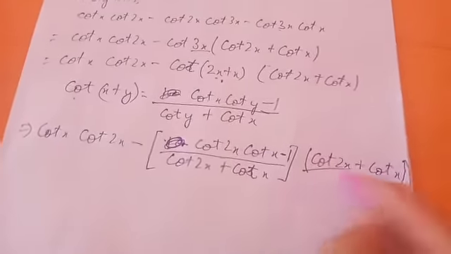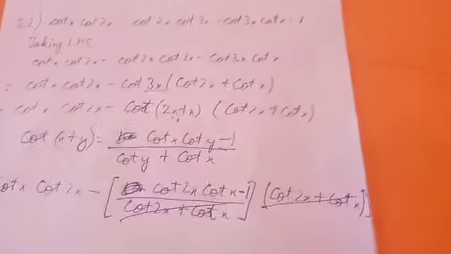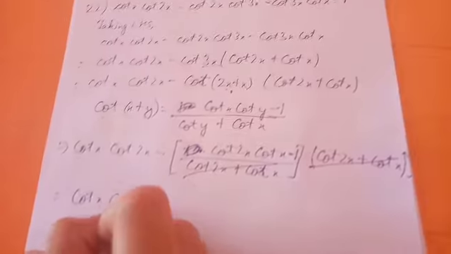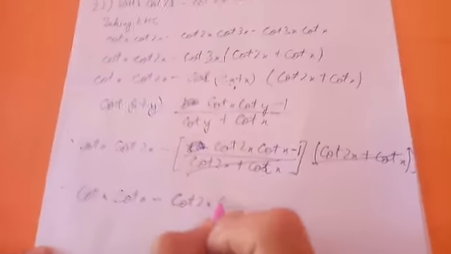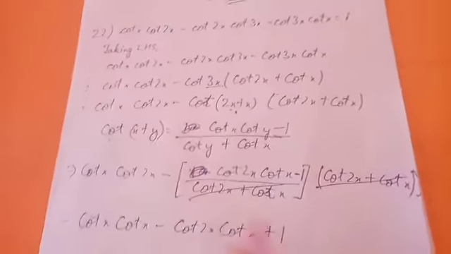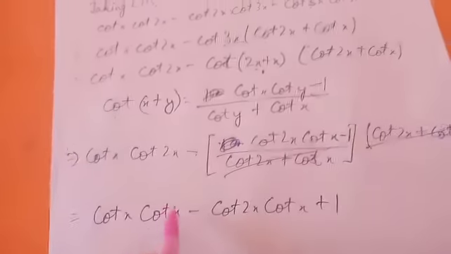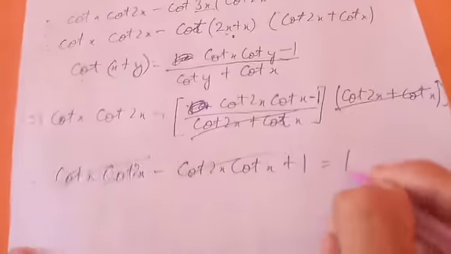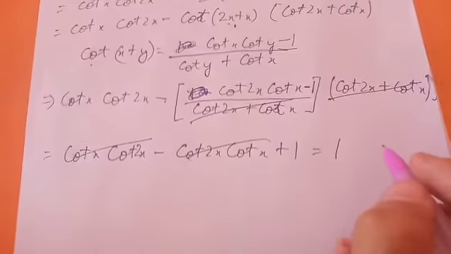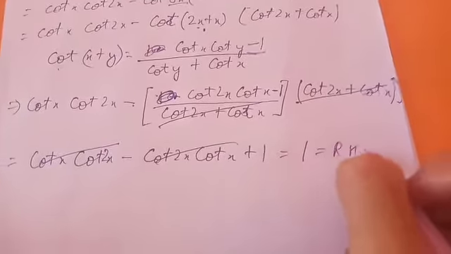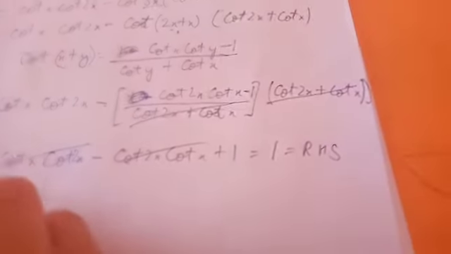Okay, now cot 2x plus cot x cancels cot 2x plus cot x, so what we get is cot x into cot 2x minus cot 2x into cot x plus 1. We will multiply this minus sign inside, then we will get this. So it is cot 2x, this cancels this, so what we get is 1, that is equal to our right hand side.